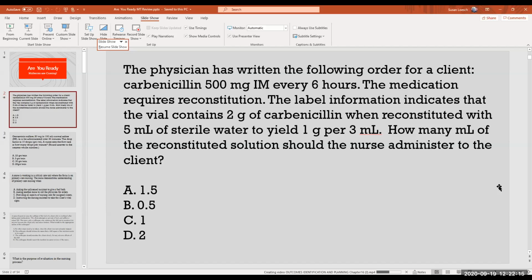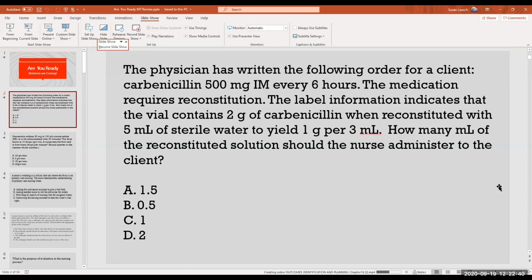So remember, we're doing desired over need. We're always doing desired over need for the most part, especially on a question like this. When you get the package from the pharmacy, in it you get a bottle of powder.